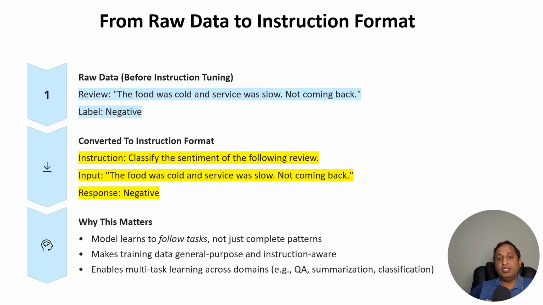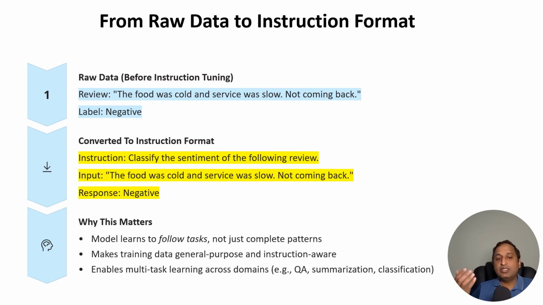So now you are taking the raw data and converting it to a specific instruction, like classifying a sentiment. It could also be something like summarizing a text or answering a question. Okay, answer the below question, and then this is the input, this is the answer, right? So you are converting this raw data into instructions, and the model is fine-tuned on these specific instructions.